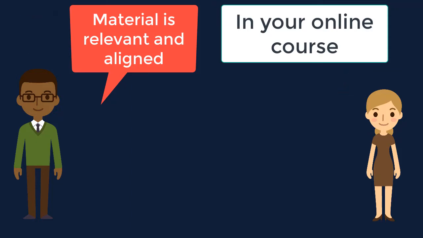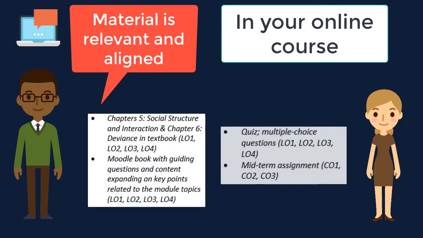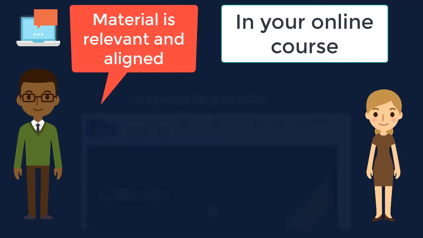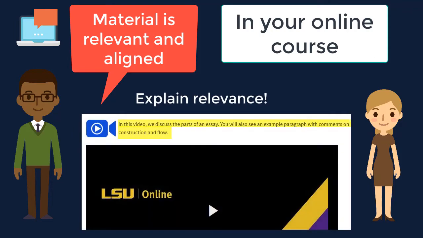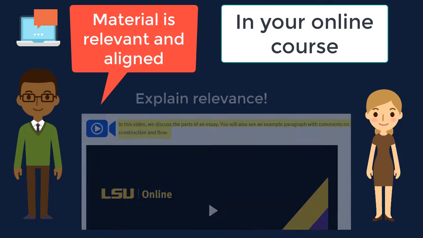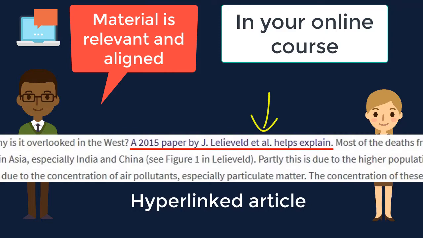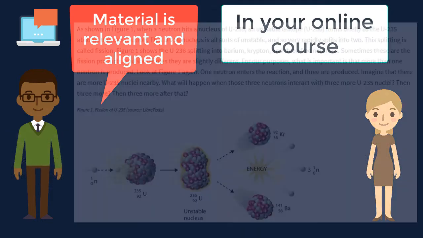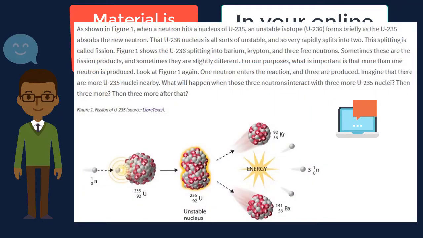In other words, any content or activity included in the course should be related to the course learning goals, and unrelated content should not be included. Furthermore, explain the relevance of each piece of content, whether it is a video, a hyperlink, an image, or text. This also helps you establish a presence throughout the course.